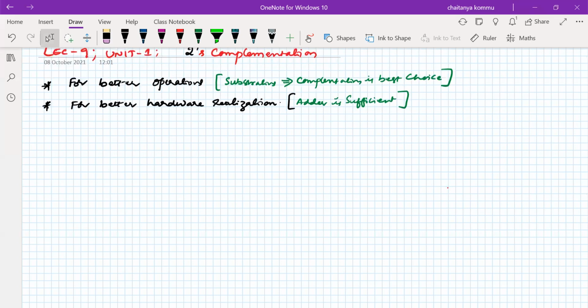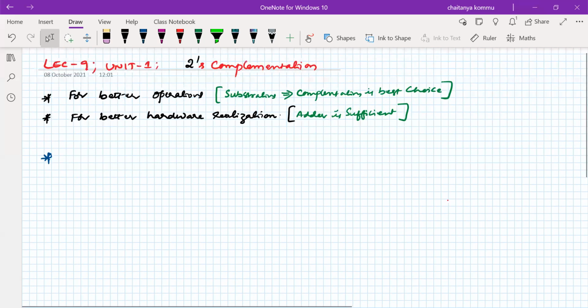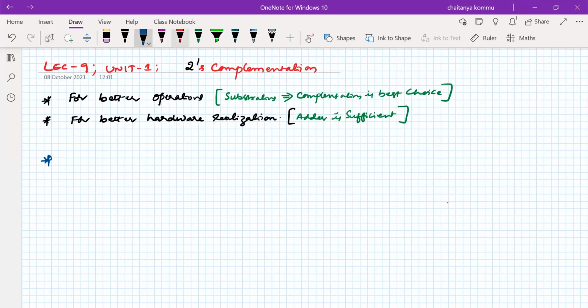Let us represent, as we have seen previously, the diminished radix complement and the two's complement. In most cases we talk about binary complements. In binary complementation, we talk about radix 2.